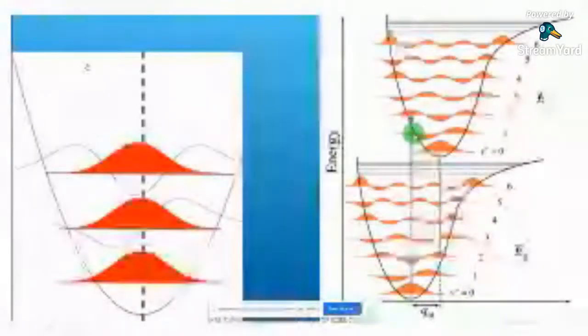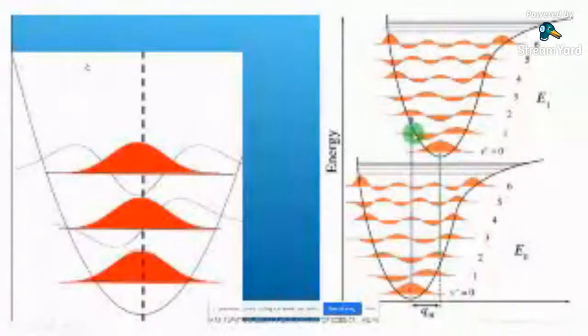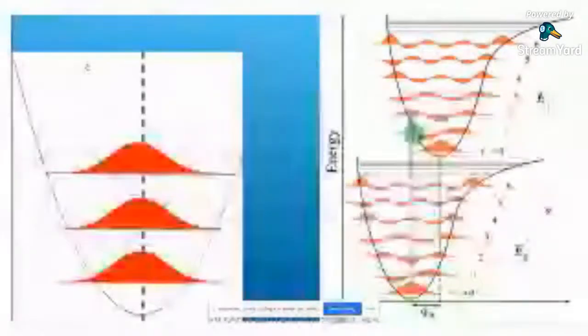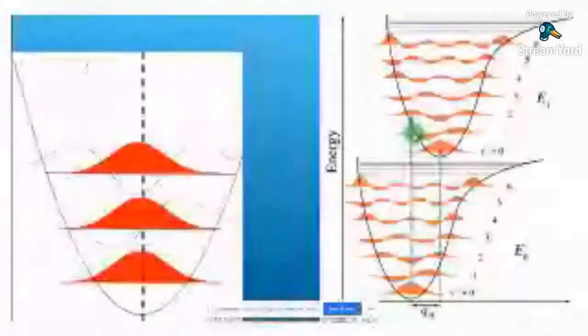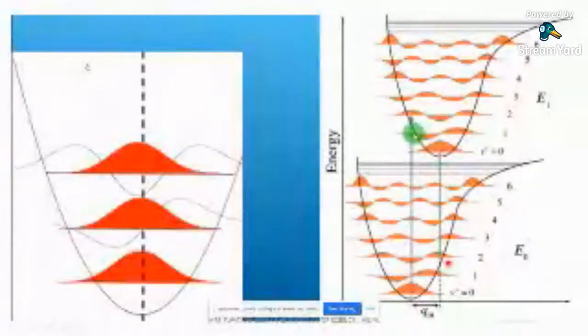Now here you can see this second vibrational energy level can overlap with that of the zeroth ground state energy level. Because of this, the intensity of this band will be higher as compared to the other transitions. Also, when the molecule comes from the excited state to the ground state, at that time also the maximum overlapping should be there.